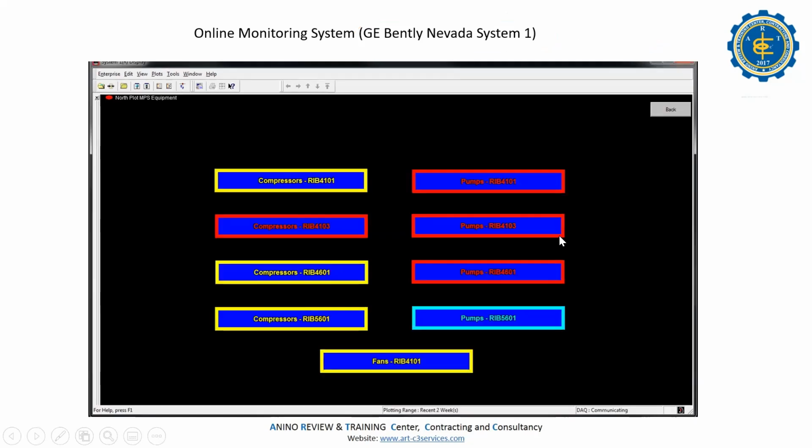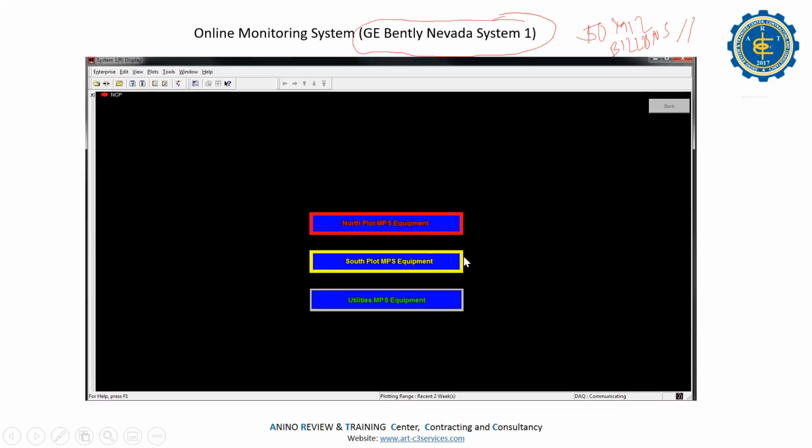So this is the inside. I'm so lucky that I got the screenshot of my System 1 during my work in Saudi Arabia. This is my remembrance of Saudi Arabia.